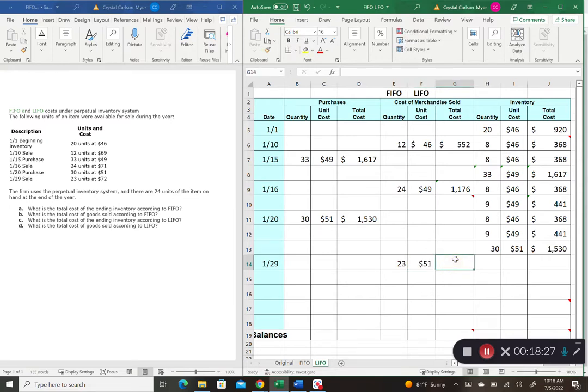So multiply these out, take the 23 times 51. When I go to calculate my ending inventory, I still have all of these $46 units. So go ahead and pull down your numbers. 8 times 46 is our $368. I didn't sell any of these $49 units either with my last sale on the 29th. So go ahead and pull down those.